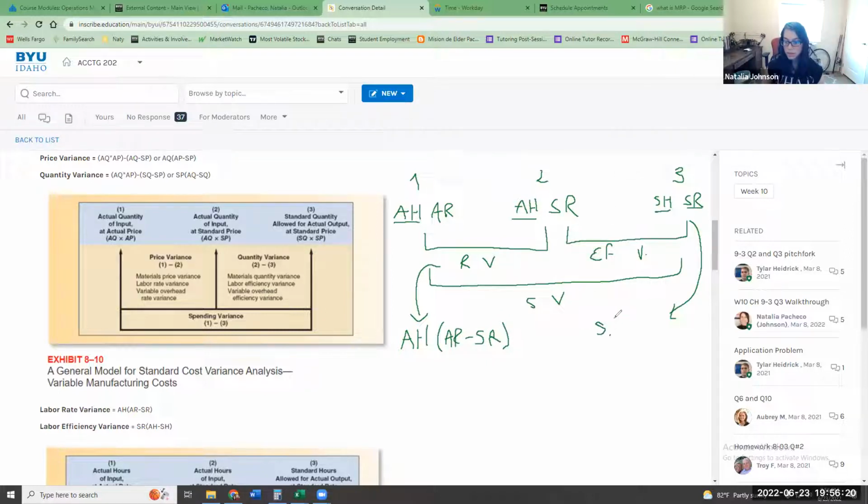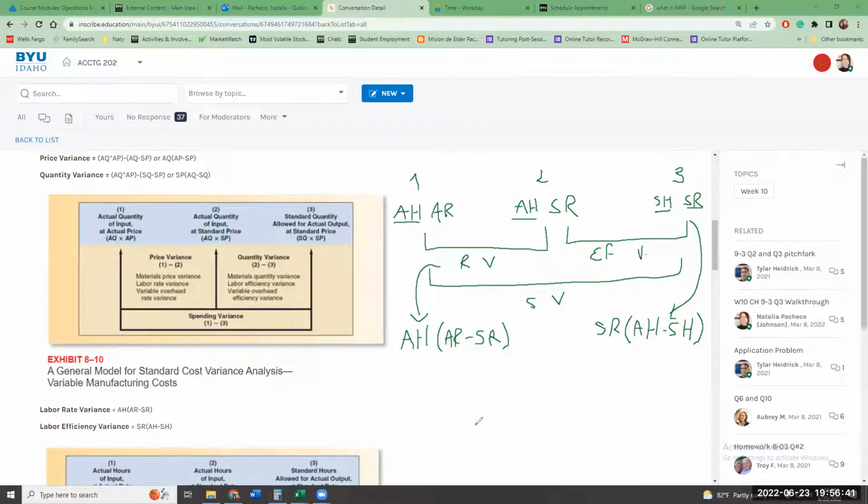So you do the SR multiplied by the difference of AH and SH. And just like that, you know all the formulas instead of just memorizing every single one. That's really helpful. Thank you. Yes. Thank you.